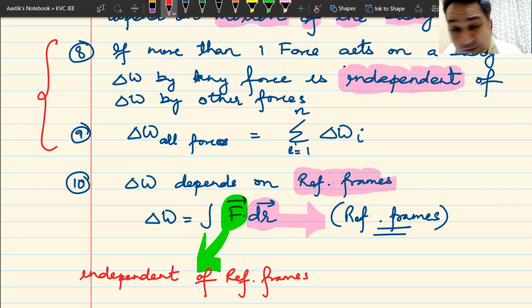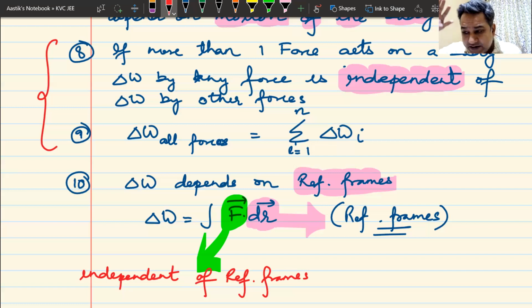If there is a force acting on a body, if this is a pen, this is a body, force of gravity is acting on it, in whatever reference frame you go, gravity will act on it and the value will be the same. Force does not depend on reference frame, but displacement depends on reference frame, and hence work done also depends on reference frame.